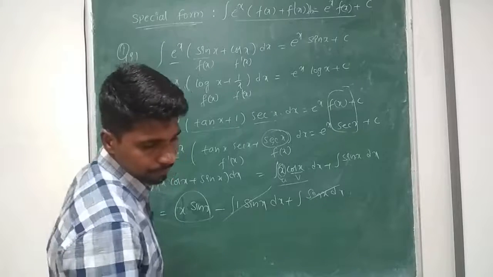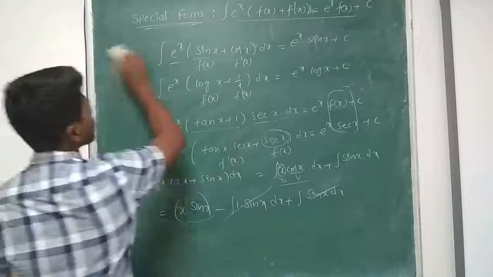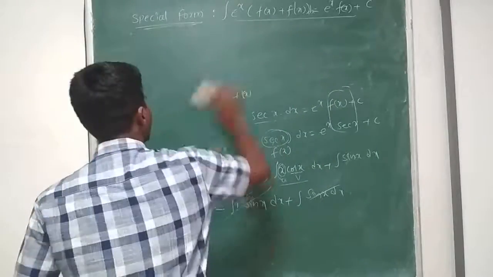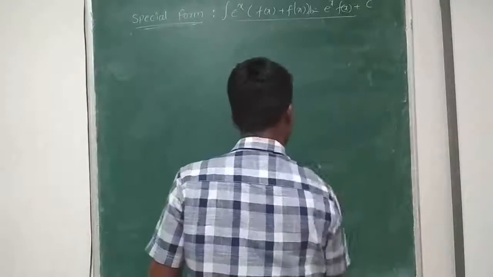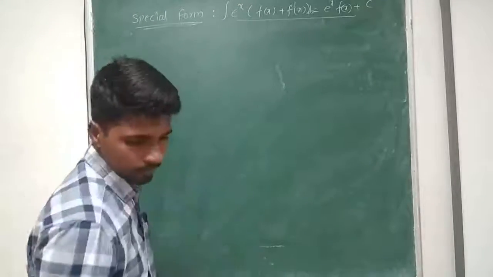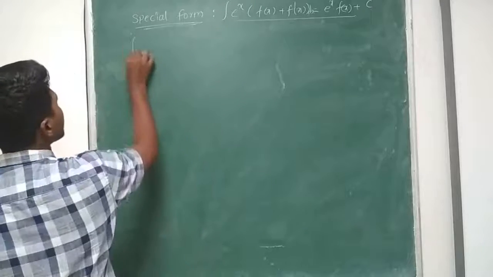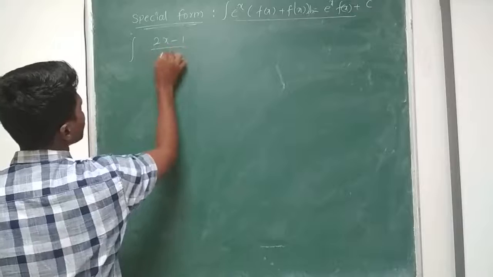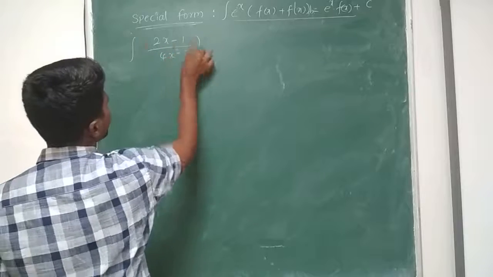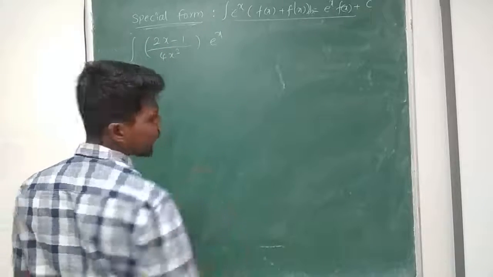Integral of 2x minus 1 by 4x square into e power x.